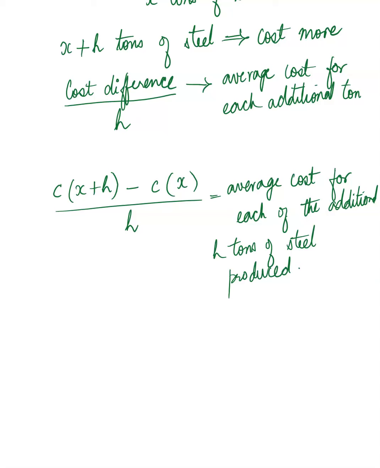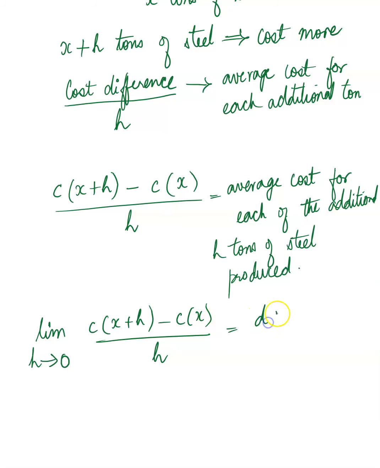And so when we try to take the limit of this ratio, because you're trying to find the marginal cost, then you have to allow that H to be 0, meaning you don't have any extra. What happens if you didn't produce extra? So the marginal cost is the limit of C of X plus H minus C of X, all over H. Remember, this is the limit of the difference quotient, basically.